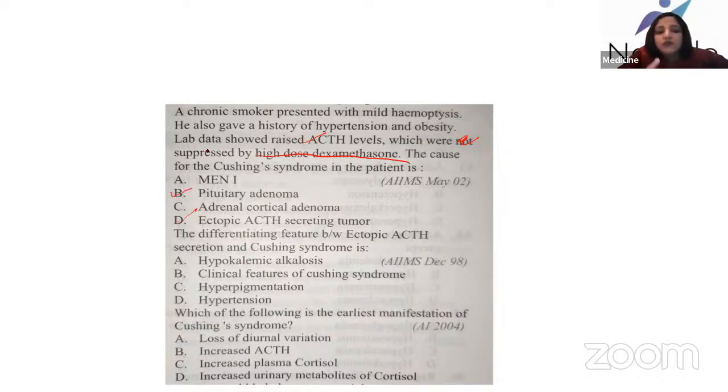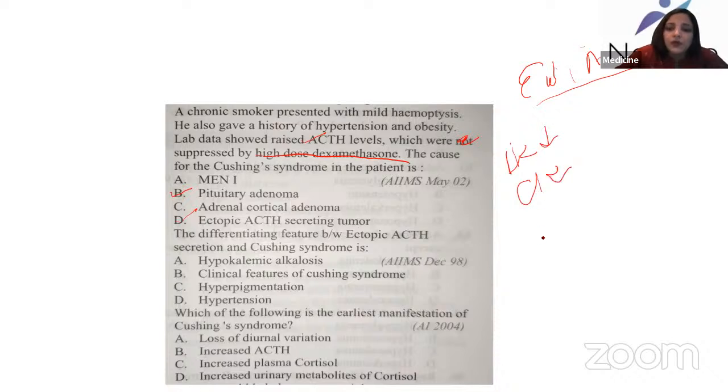Okay, then the differentiating feature between ectopic ACTH secretion and Cushing syndrome is, now this is very easy. Ectopic ACTH tumor has some characteristics, which is that it has hypokalemic, hypochloremic metabolic alkalosis. The pH will be high, chloride will be low, and the potassium will be low.